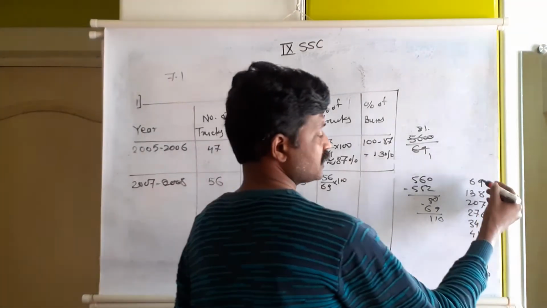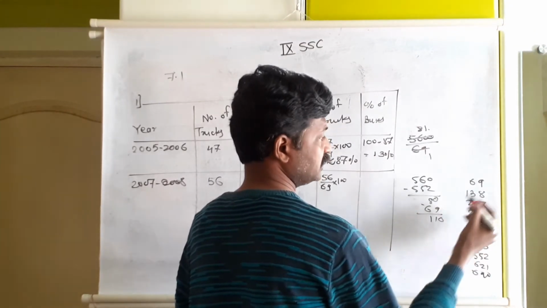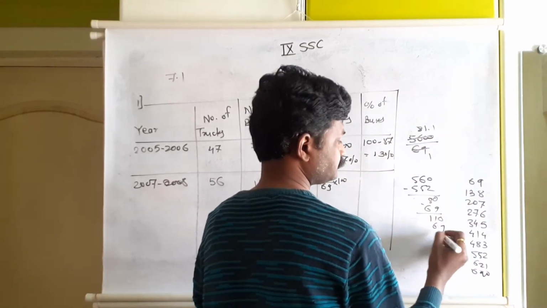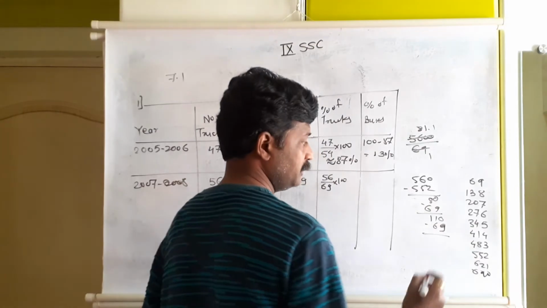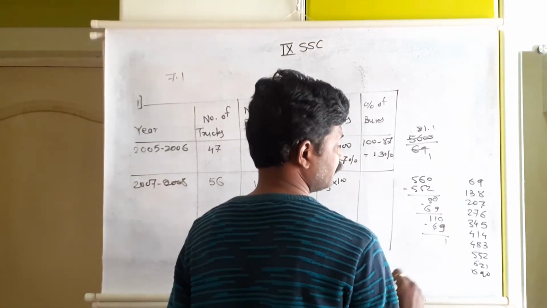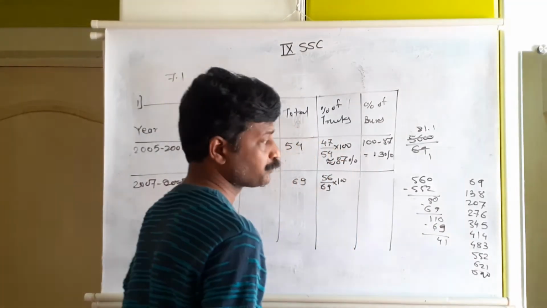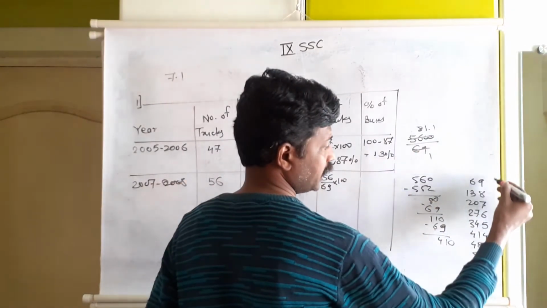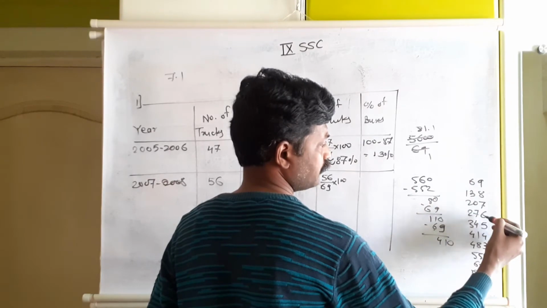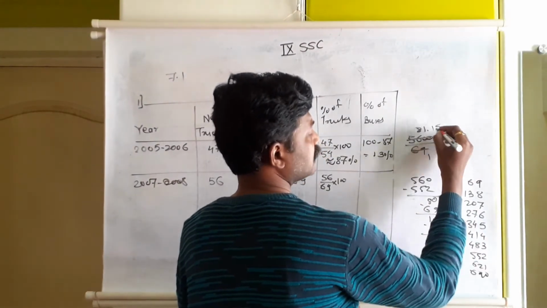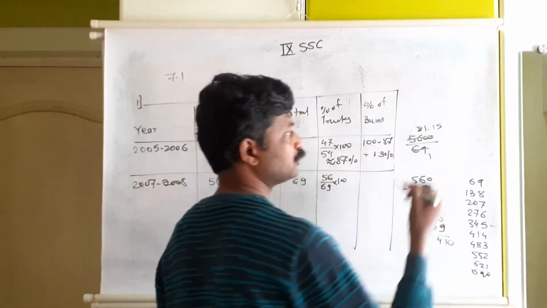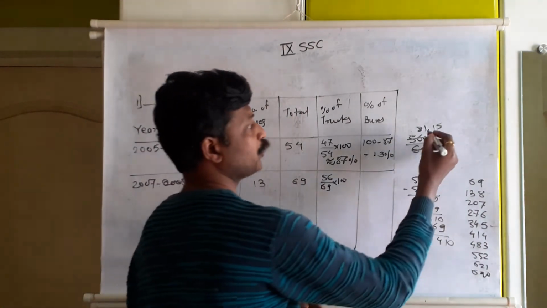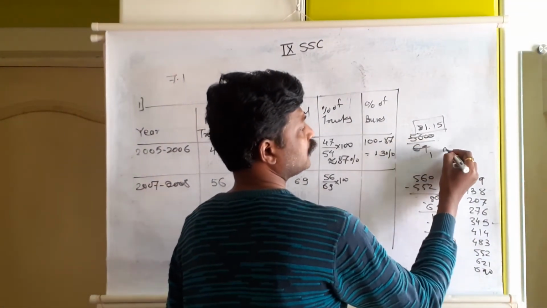Again 69 2s are 138, which is bigger than this. So 69 1s are 69, the remainder will be 110 minus 69, 41. Because of the decimal point, 0 can be added. 410 means it is 1 2 3 4 5, 69 5s are 345. So till 2 digits it is okay. 81.15 is the answer.